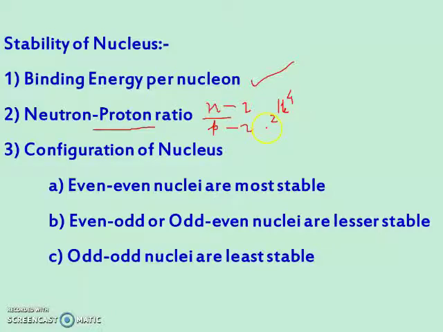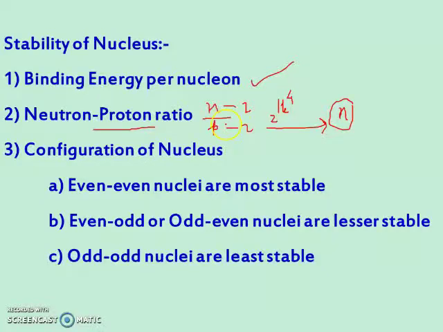But if we go to the heavy nucleus, the neutrons become higher than the protons. It means the ratio becomes greater than 1:1. It might be 1.5:1. So these nuclei become less stable due to the neutron-proton ratio. So for stability, the neutron-proton ratio should be appropriate.